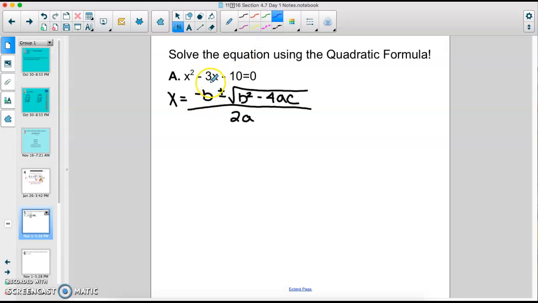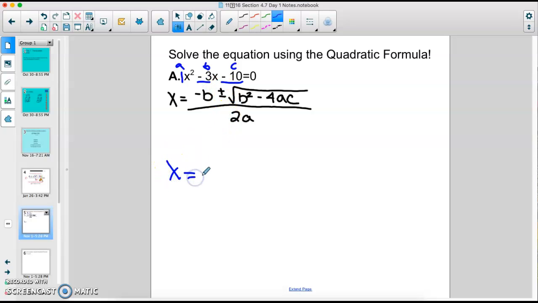All right, so I know that my a is 1, b is negative 3, and c is negative 10. Now remember to include your signs. It's important.